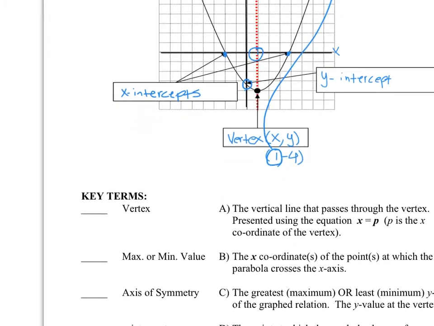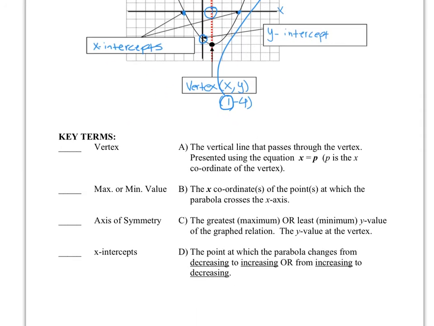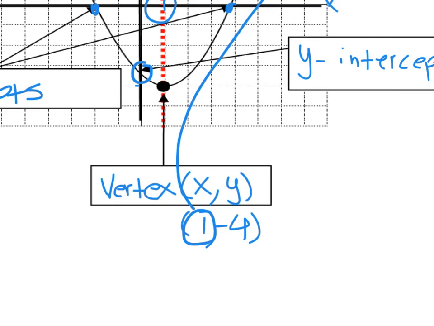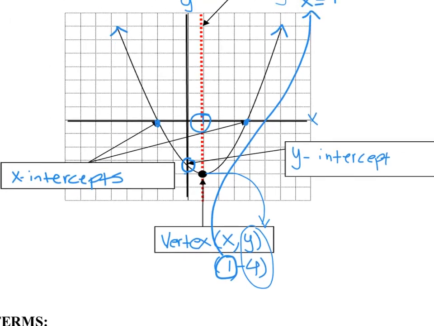So now going down here, we've got some key terms: vertex, our max or min value, axis of symmetry, and x-intercepts. The only one which we haven't covered is the max or min value. This is a very good one that we should have covered here. It's the y value of my vertex. By looking at this graph right now, it's pointed up.